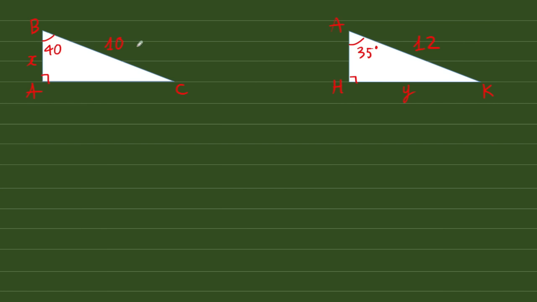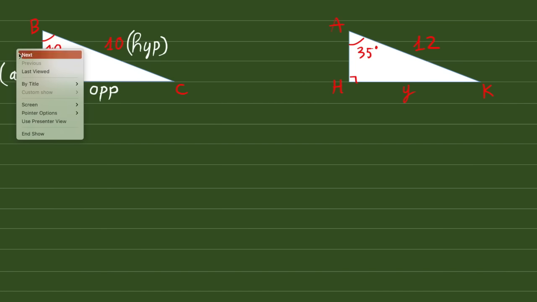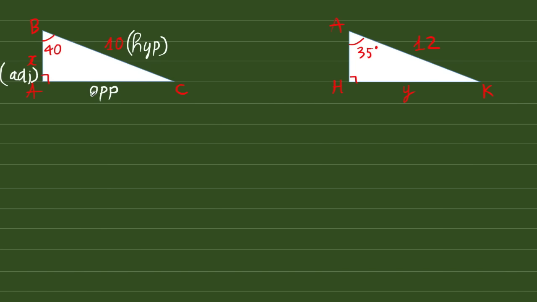You have the hypotenuse, in this case 10. This is the hypotenuse, this is the opposite, and this is the adjacent. But I'm just using the hypotenuse and adjacent only because I have no idea about the length of the opposite, so I won't use this one.